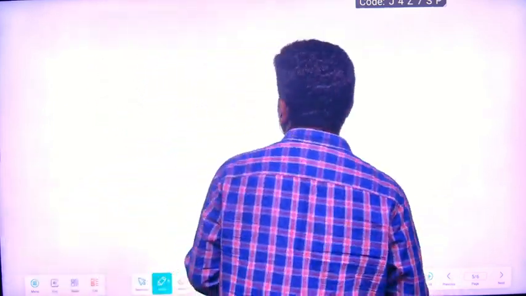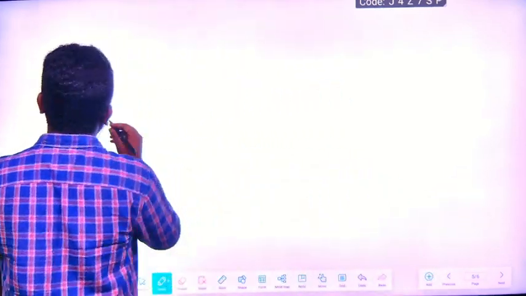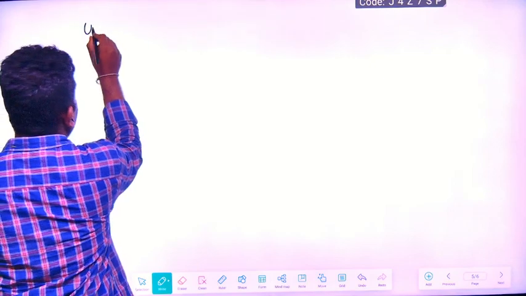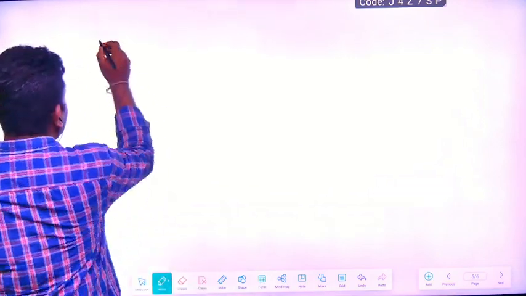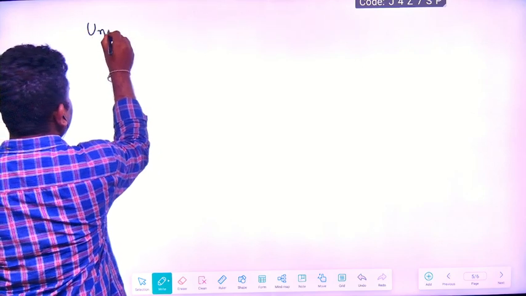If you want to understand it, you should go to Heisenberg's uncertainty principle. Please take the heading: uncertainty principle. What is the uncertainty principle?